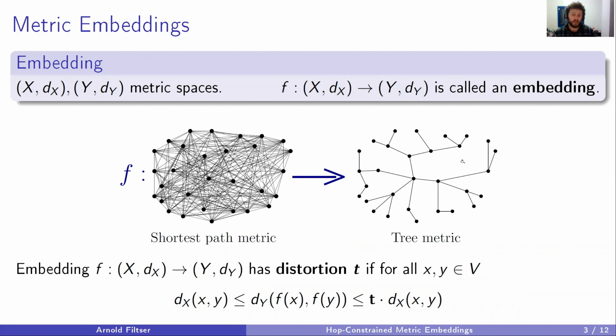And we very much like trees because lots of problems become easy once you map them into a tree. We say that the embedding f has distortion t if for every pair of points x and y, the distance between them is distorted by at most a factor of t in the image. So our goal, in a sense, is to embed the h-hop distance.